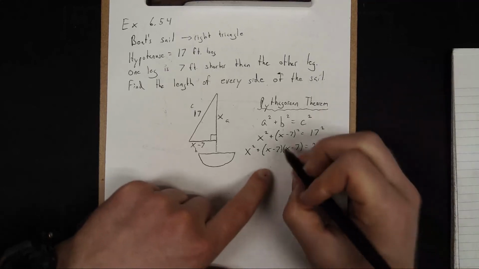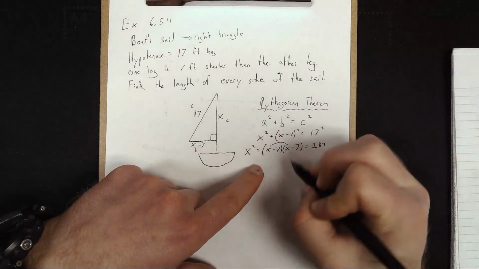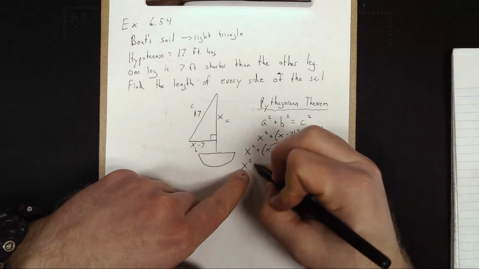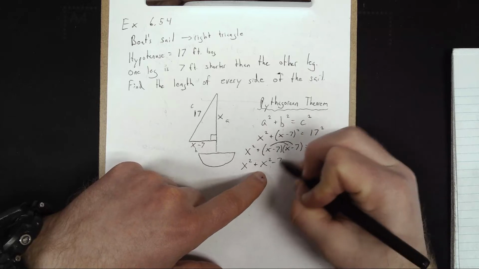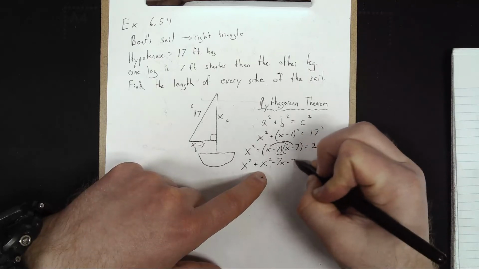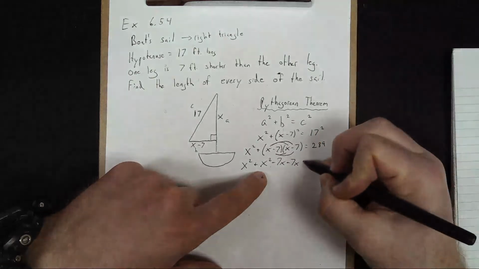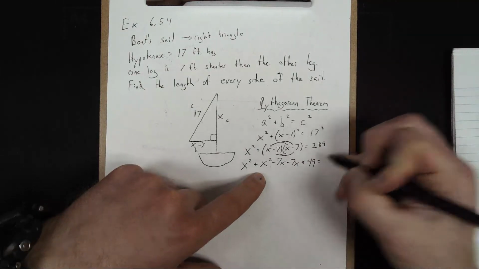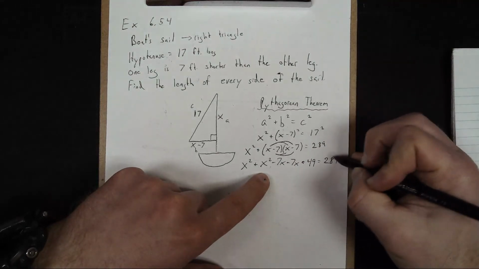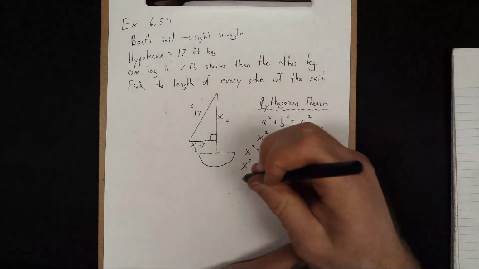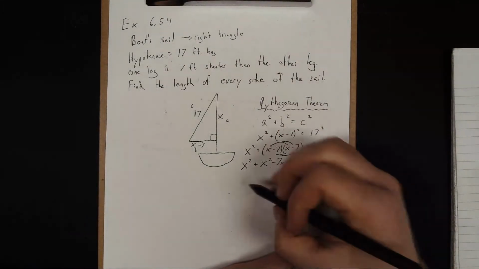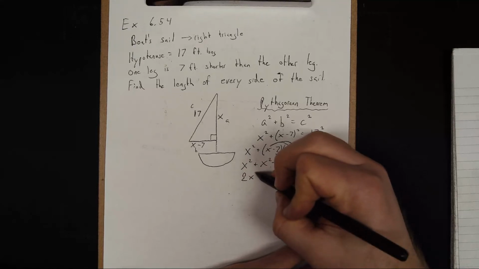Okay, so now we need to do a little bit of multiplication here. That stays the same. We've got x squared plus x squared minus 7x minus 7x plus 49, and that's equal to 289. From here, combining like terms, x squared plus x squared is 2x squared.